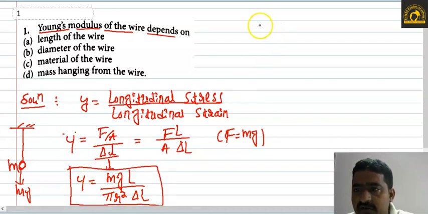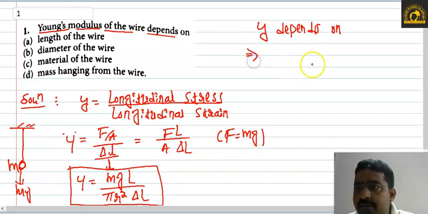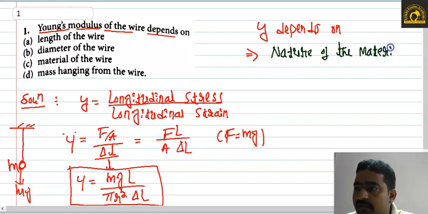So what does Young's modulus depend on? It depends on the nature of the material.